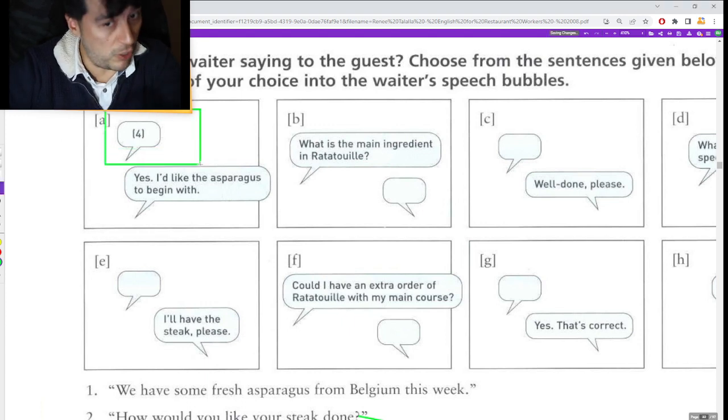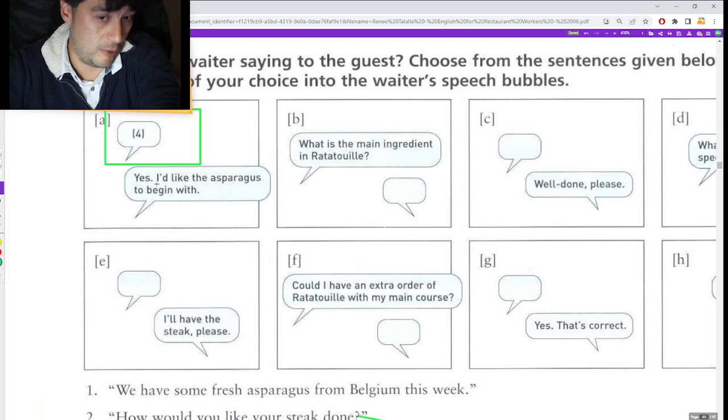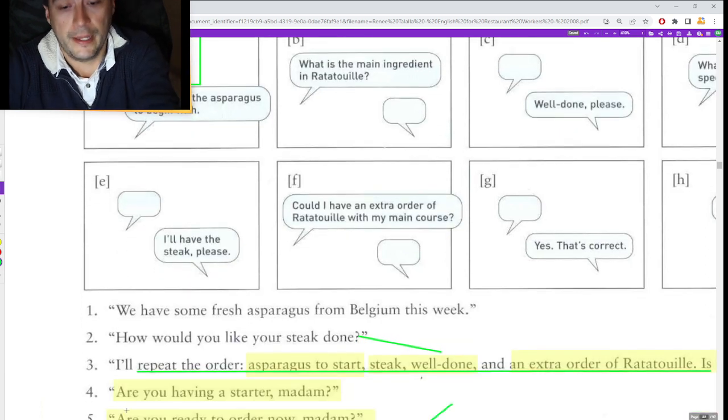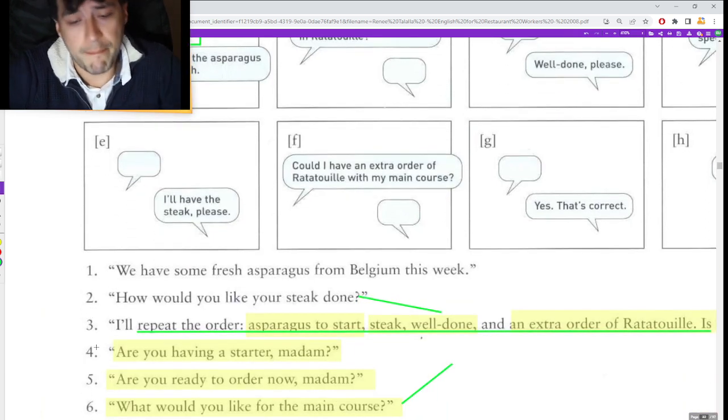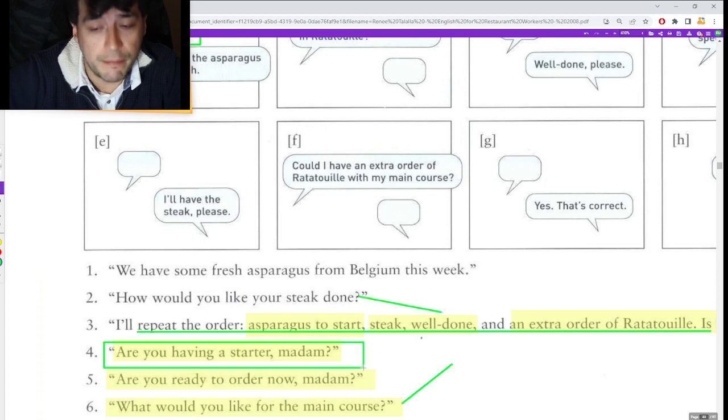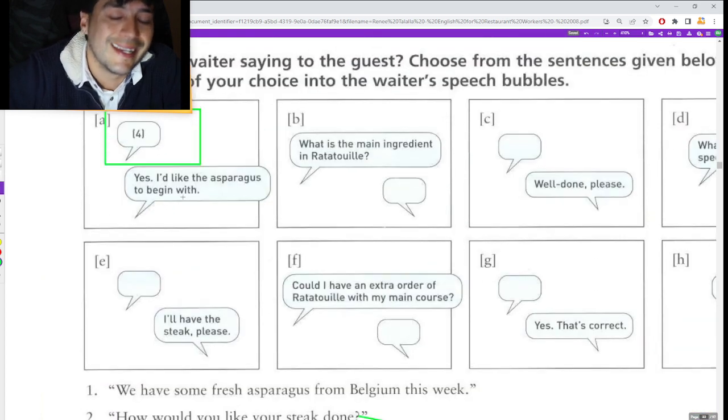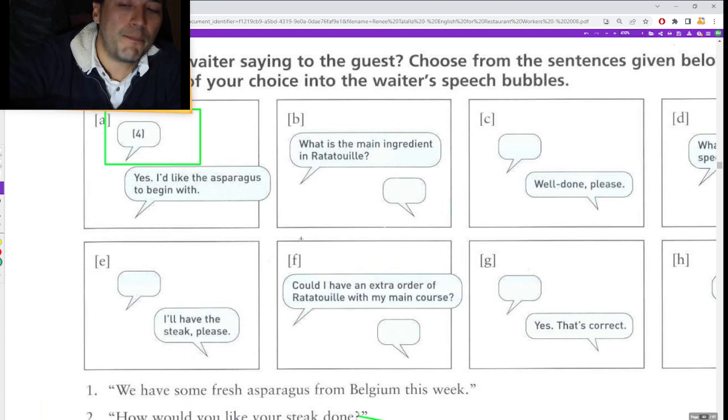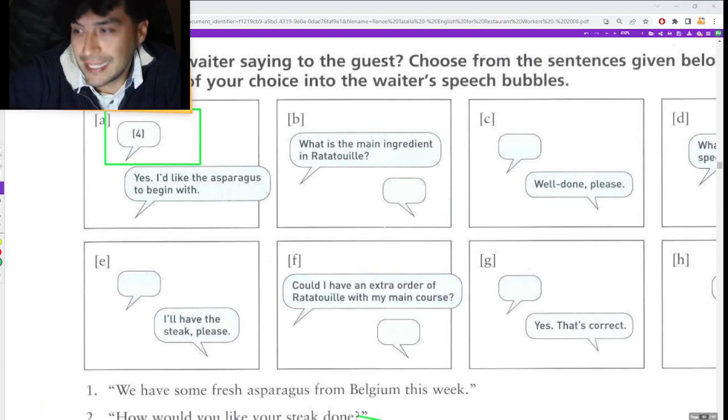The example, number 4, is in this one. Are you having a starter, ma'am? And she said, yes, I'd like the asparagus to begin with.